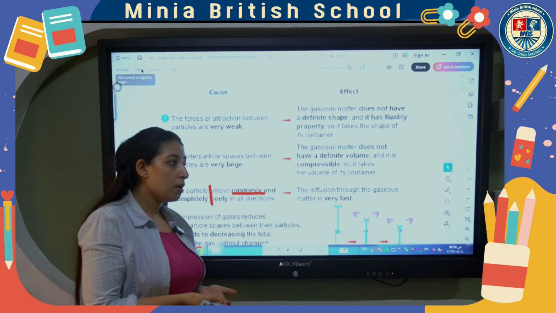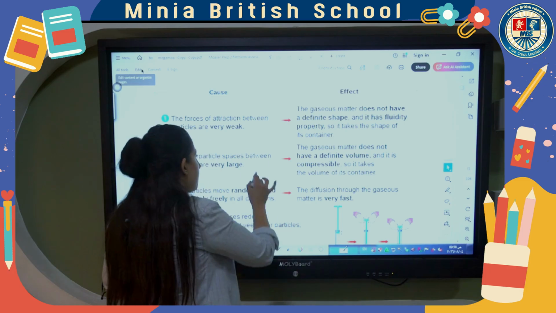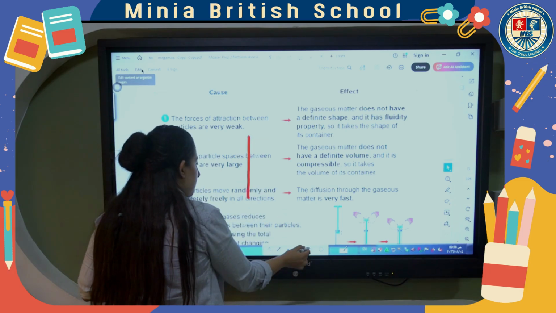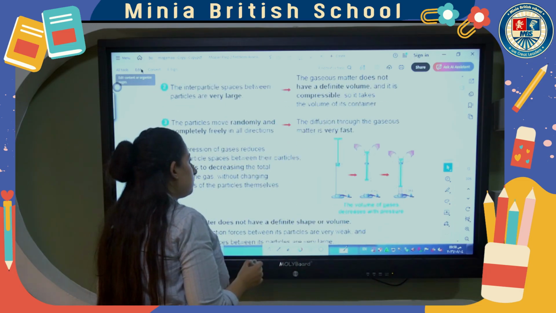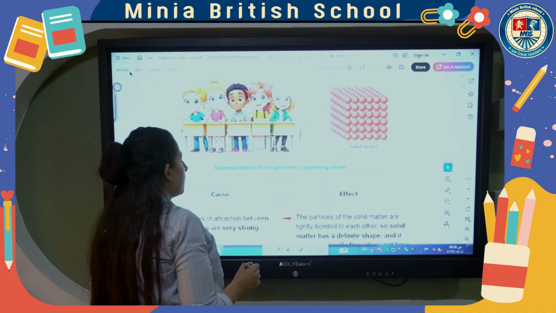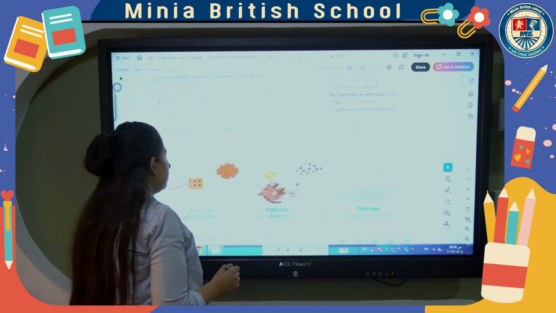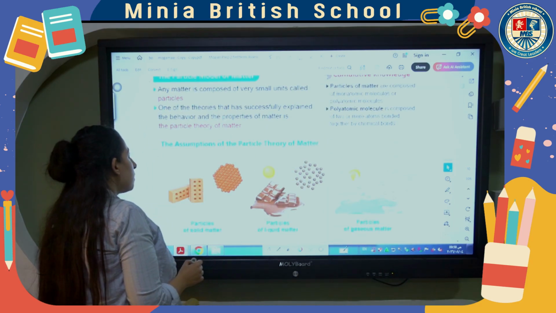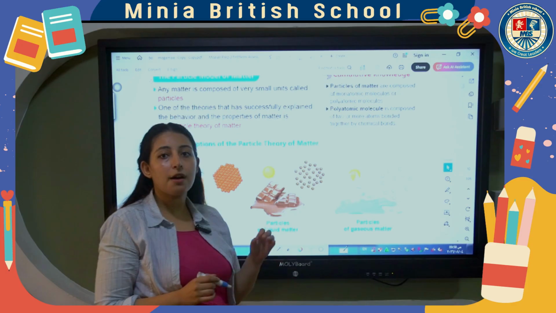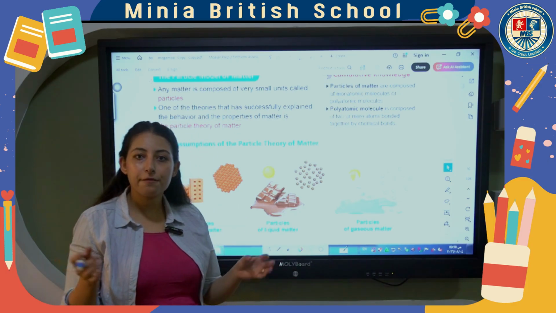Okay, through these give reason questions, we can conclude the most important theory, which is called the particle theory of matter. What is the particle theory of matter?